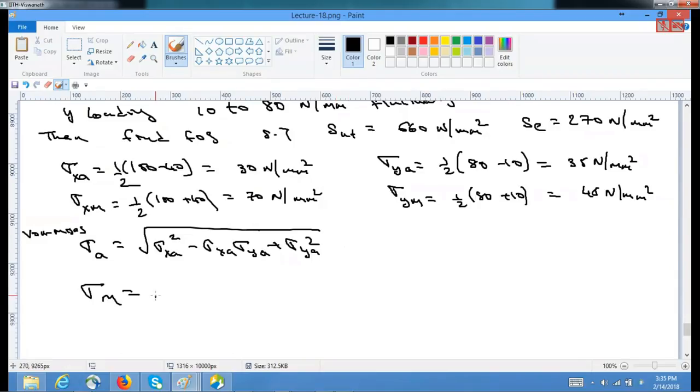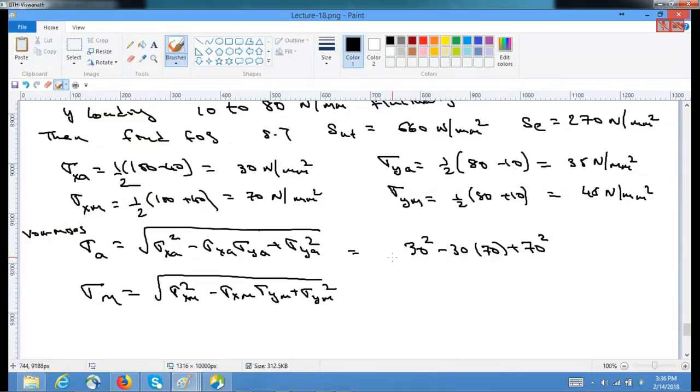Similarly, sigma m is equal to sigma xm whole square minus sigma xm sigma ym plus sigma ym whole square.